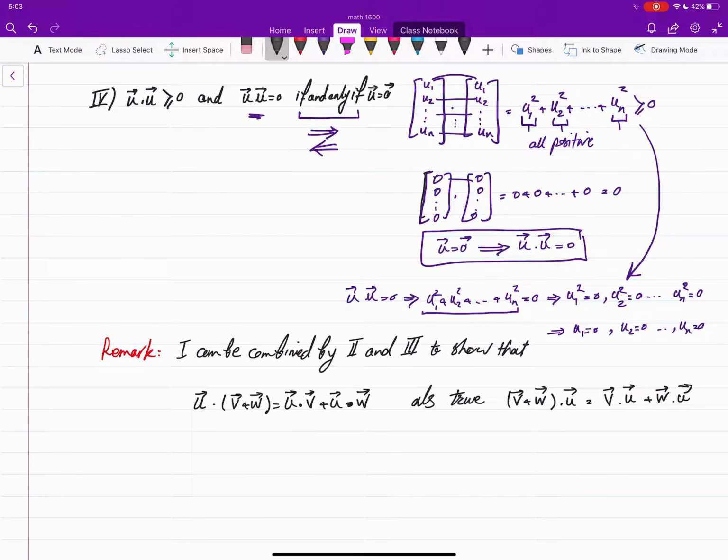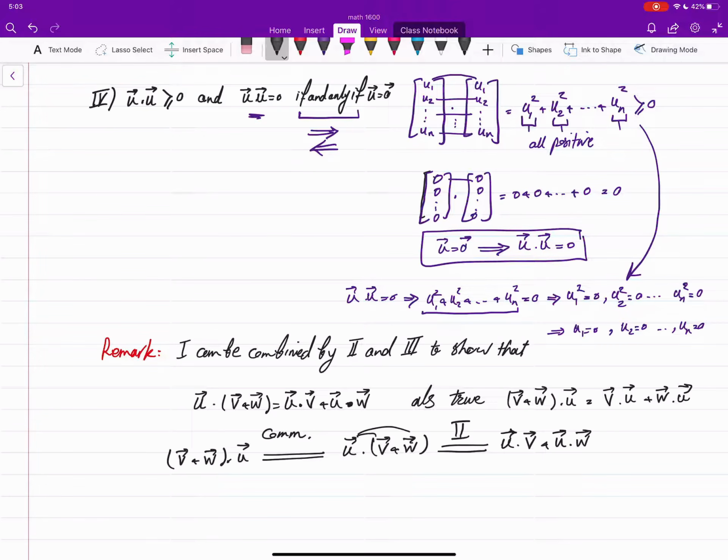And why is that so? Because you see, for v plus w dot u, we can use commutativity and switch the order. Now we can use property 2 and distribute the dot product over the vector addition.